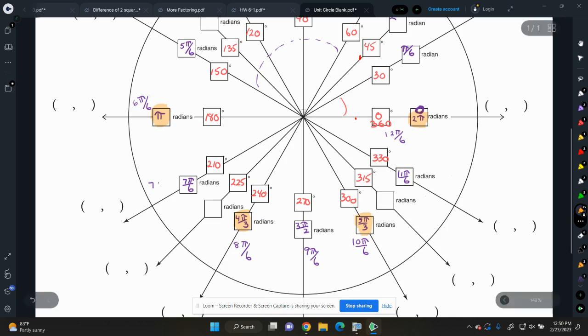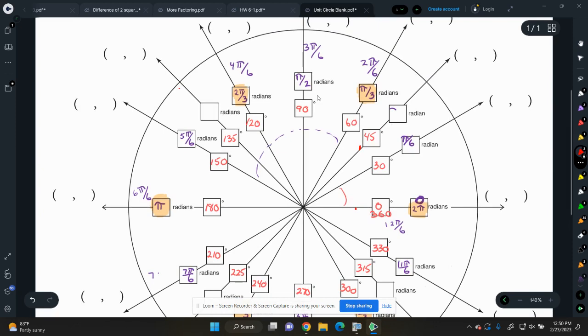Okay, we're going to use the same strategy for our pi over 4s. 45 degrees, which is pi over 4. Every 45 degrees, we're going to do pi over 4. So this is going to be our 2 pi over 4, which we know reduces to pi over 2.